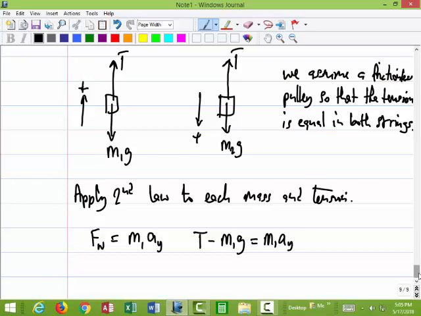And then for the second object, the net force is equal to M2 A in the y direction, and for this situation, M2g minus T is equal to M2 A in the y direction.